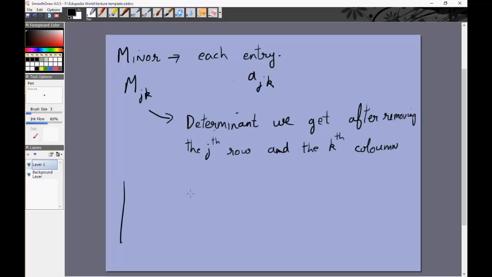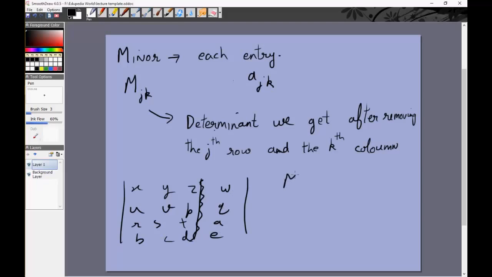So if you have a matrix, let's take 4 entries: X, Y, Z, W, U, V, P, Q, R, S, T, A, B, C, D, E. Then what would be the minor of, let's say, V?